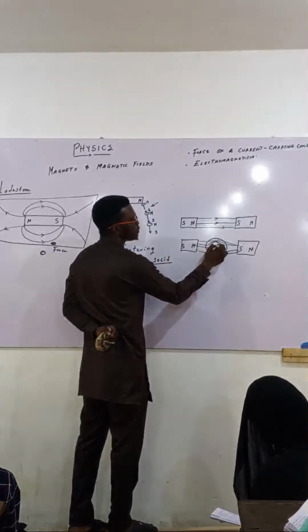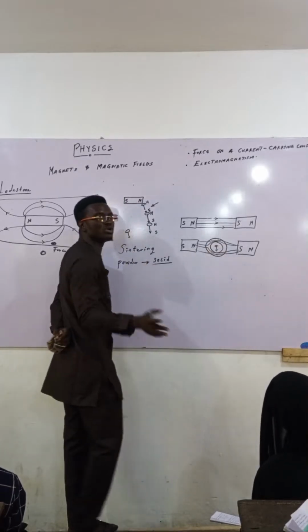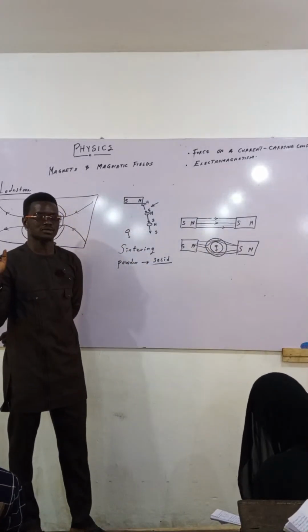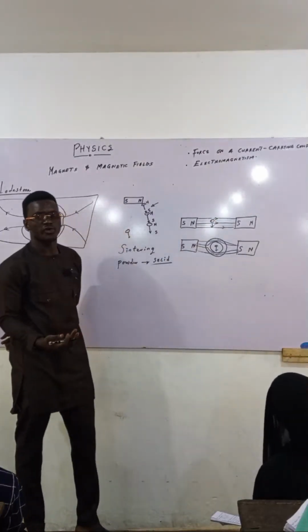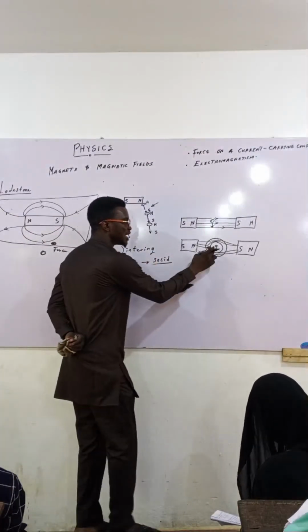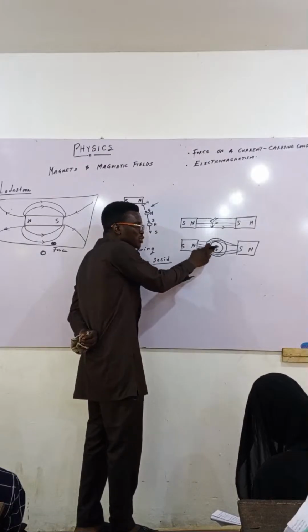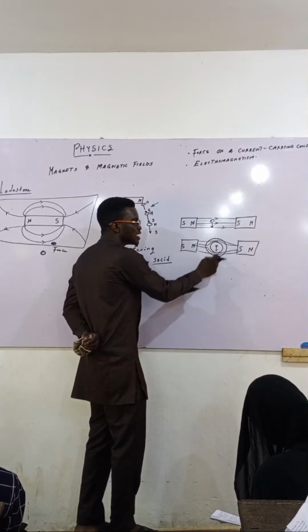Now, if I put anything here, let me just say I put a metal here, that metal will not experience any magnetic force. But if I put a metal here, it will experience magnetic force. It will be pulled or it will be sent away. But now, this place has been shielded, has been protected from magnetic effects. So that means that I've shielded that zone.